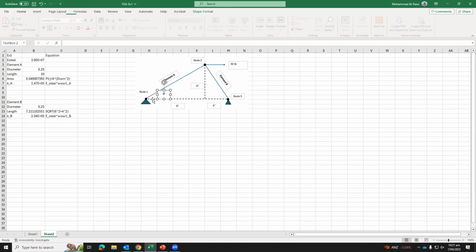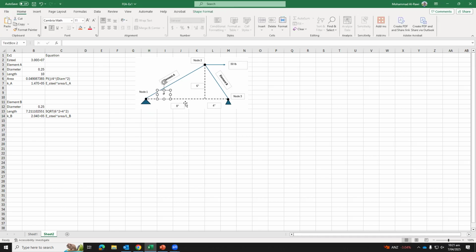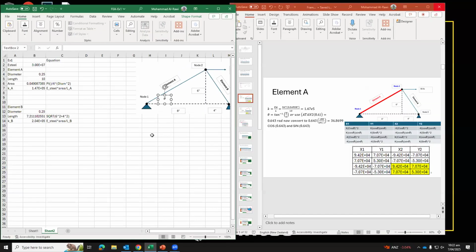So between the 6 and 8, that element A could be analyzed to cosine and sine theta. One is in the horizontal direction, cosine theta, and one in the vertical direction, element A sine theta. So theta is very important for me. I need to determine that theta, which is the angle.